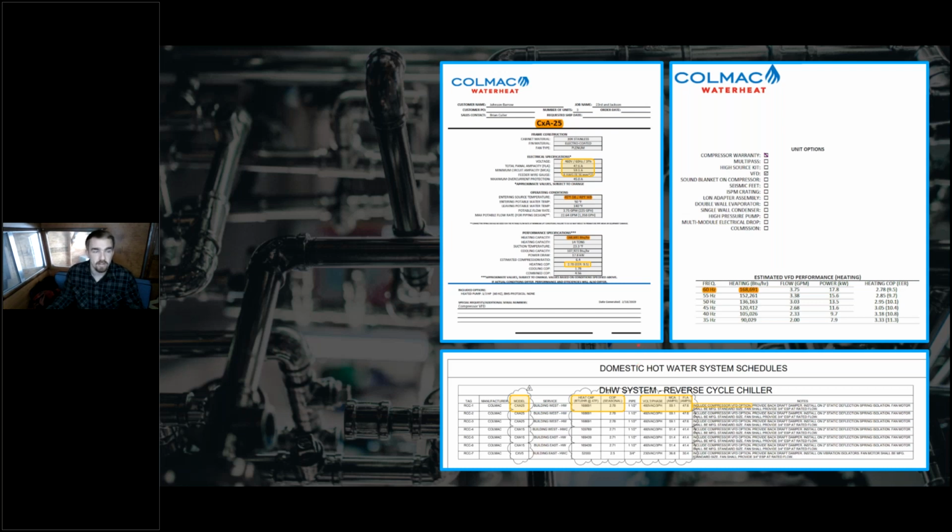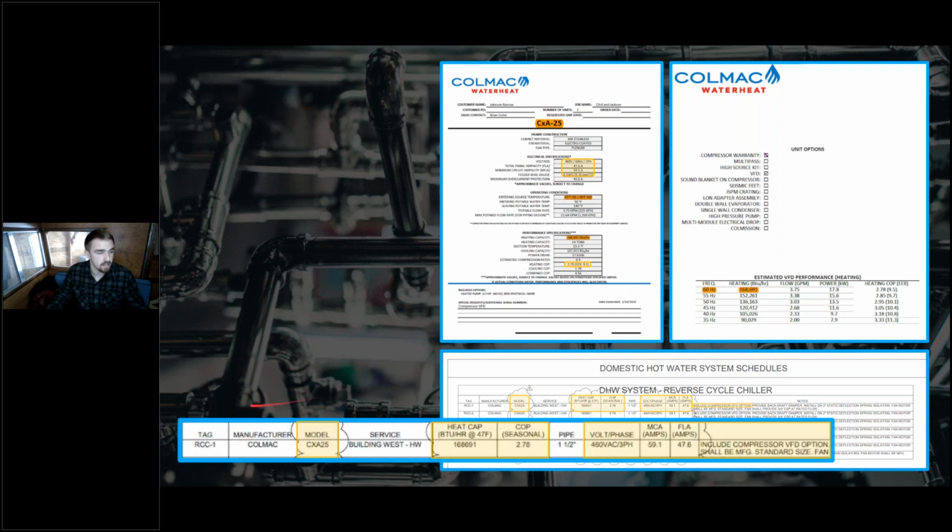So you want to make sure you verify all these numbers to make sure your building actually has enough electrical capacity to supply these, as well as the heat pumps having enough capacity to supply the building's hot water load. Oh, and here's a blown up version of all these really important things to have in the schedule as a designer and to verify with the submittal information as an installer.